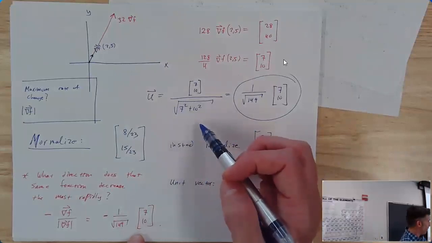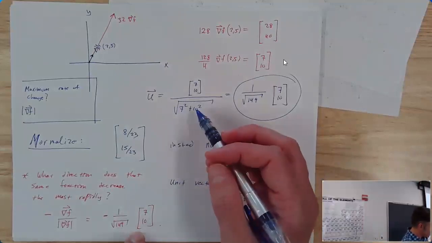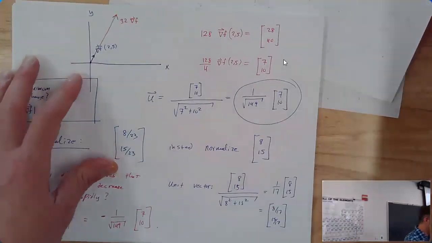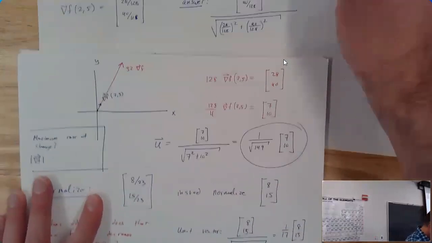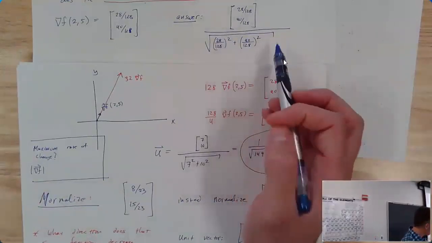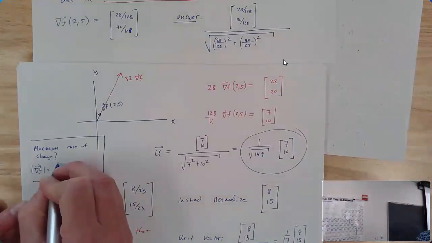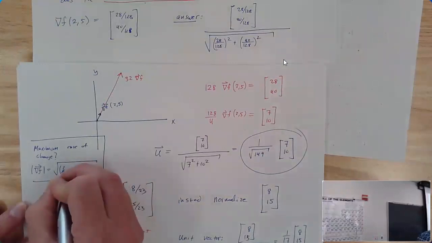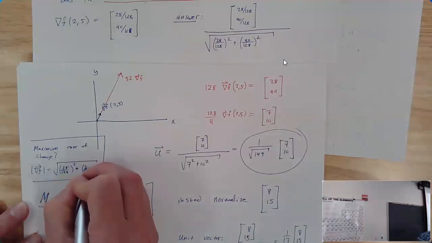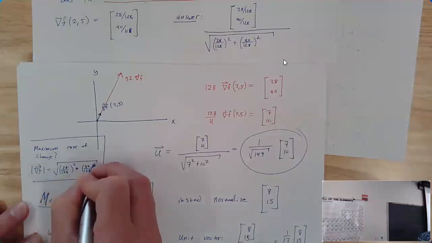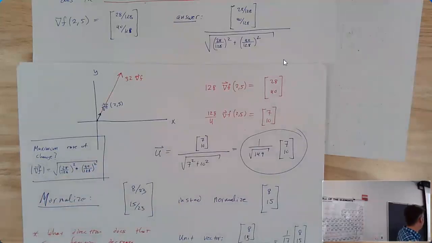You actually do have to go back to your original gradient and find the gross thing. So that's one disadvantage of doing it this way. The answer here would be this terrible number: the square root of (28 over 128) squared plus (40 over 128) squared. Sometimes you actually have to use your gross looking gradient and find its magnitude.